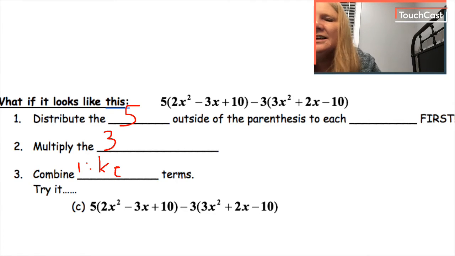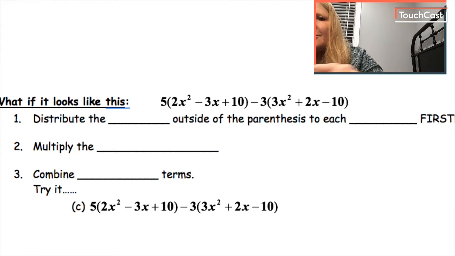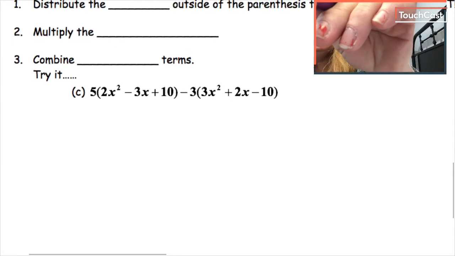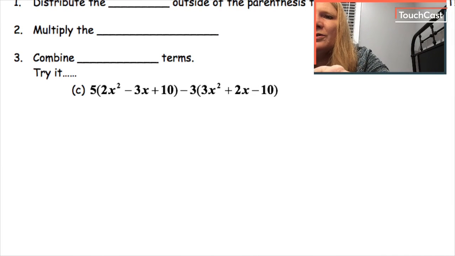Sometimes I'm not sure exactly what they want in those blanks, but let's see what it looks like, okay? So let me move this. We have a little space. So we are going to now work the problem.